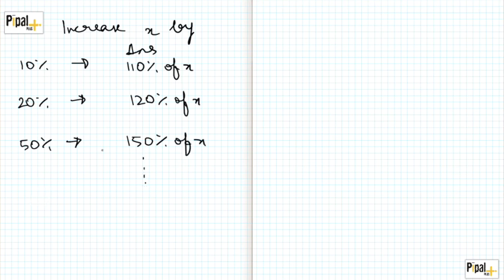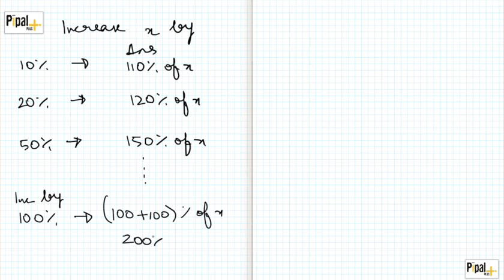Interestingly, if I'm asked to increase by 100%, then my answer is going to be, just like I've been doing here, 100 plus this new number 100% of x, or 200% of x, right? So increasing something by 100% means making it 200% of the original.